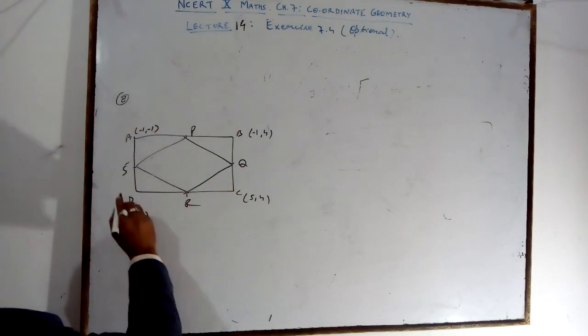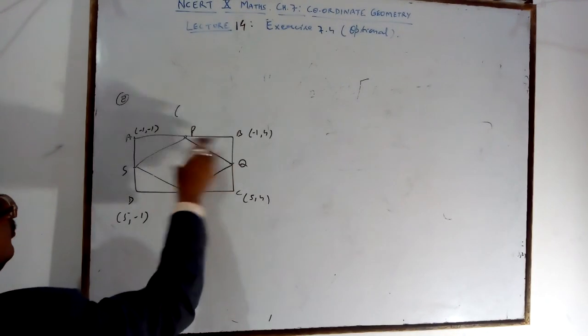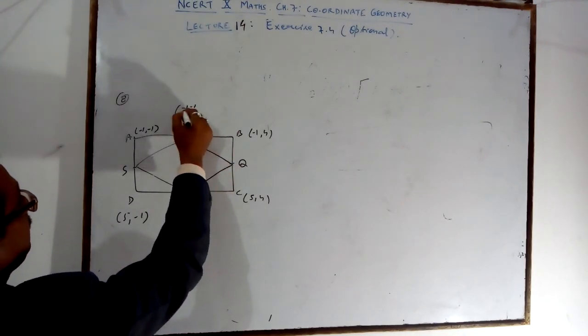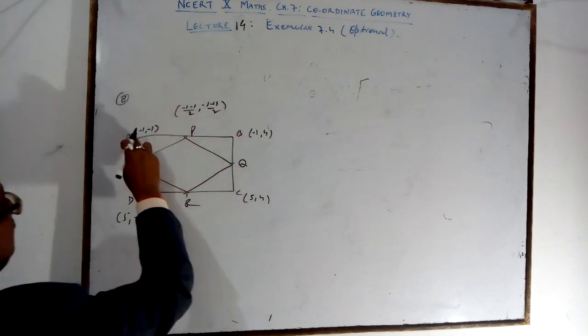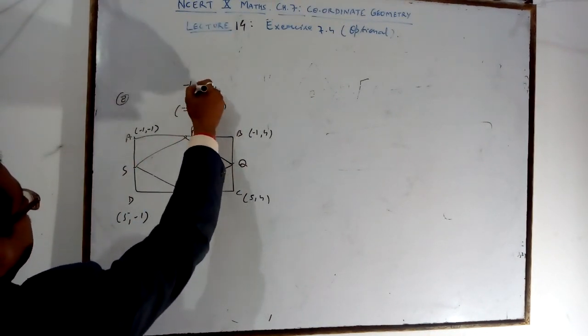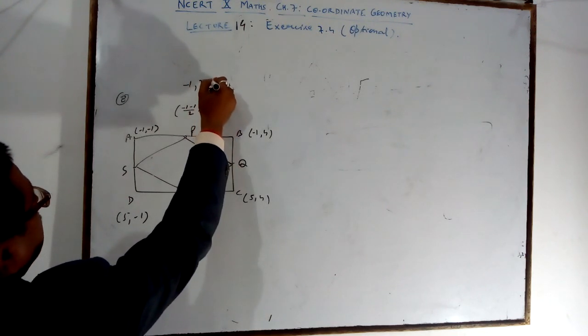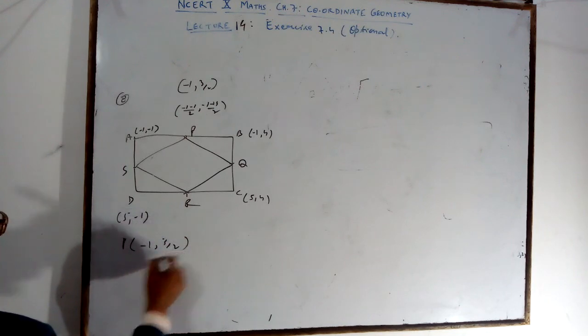But first of all, you find out the coordinate of P. The coordinate of P will be the midpoint: (x1 plus x2) by 2, that is (-1 plus -1) by 2 and (-1 plus 4) by 2. So you are getting -2 by 2, which is -1, comma, 3 by 2. The coordinate of P is (-1, 3/2).